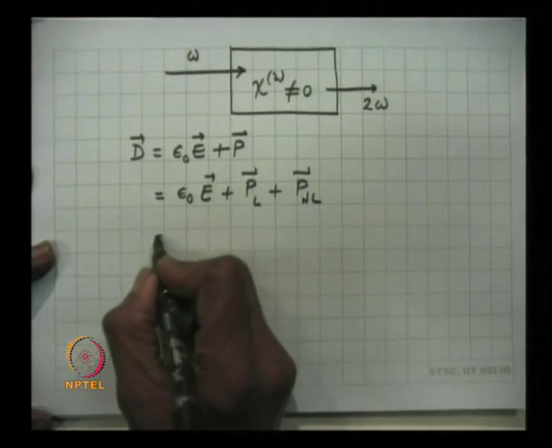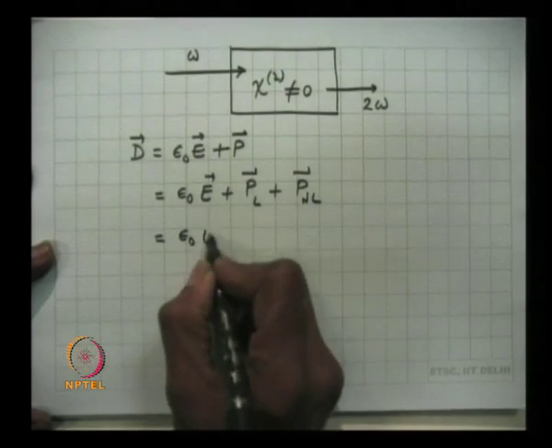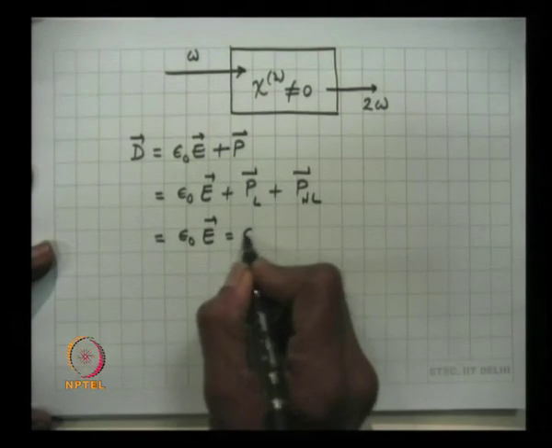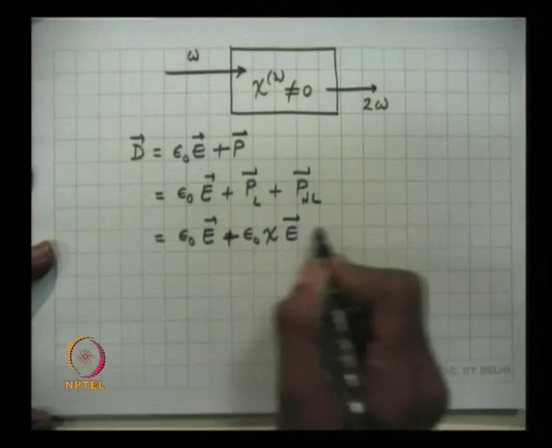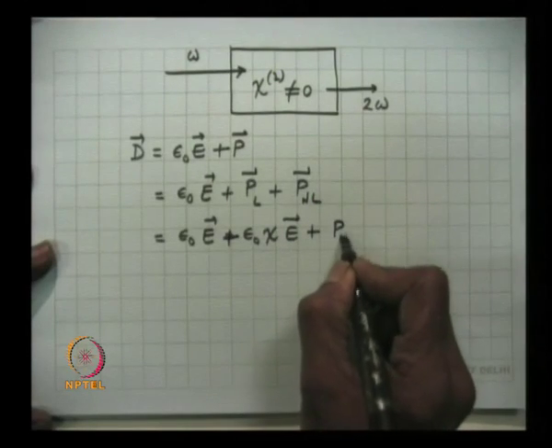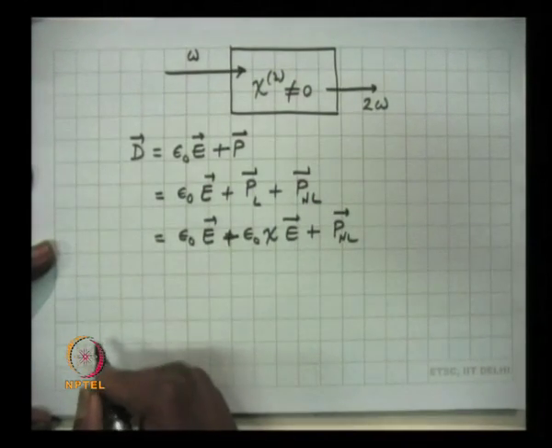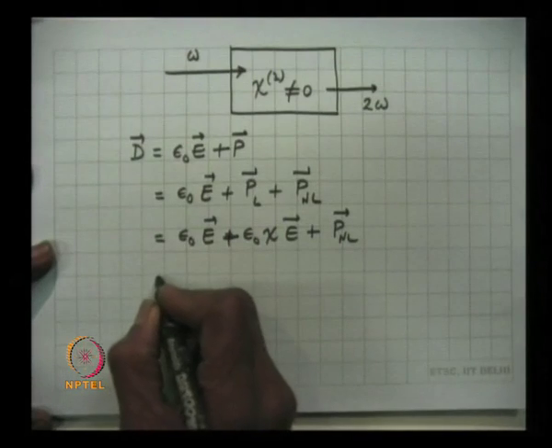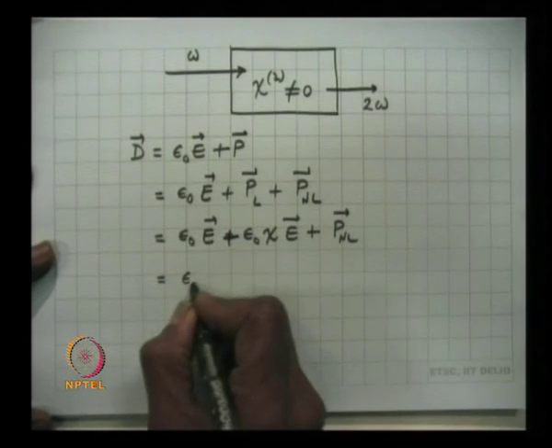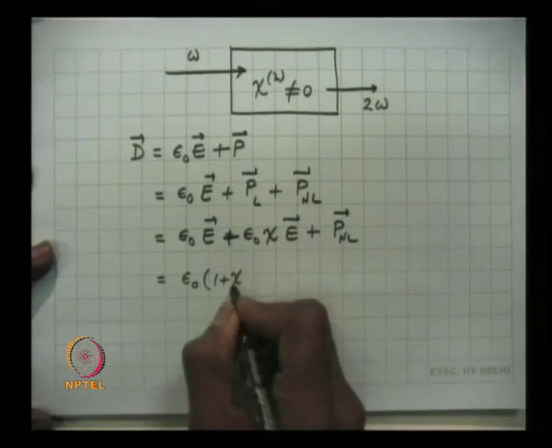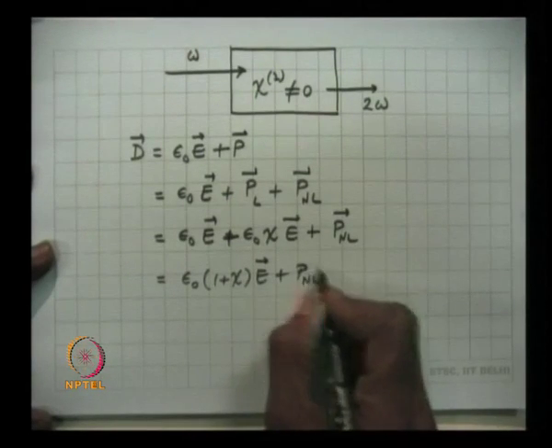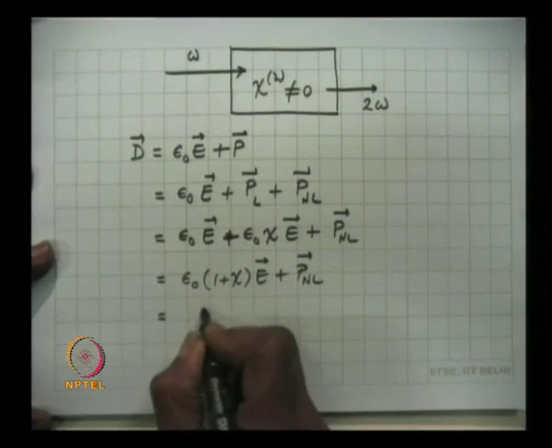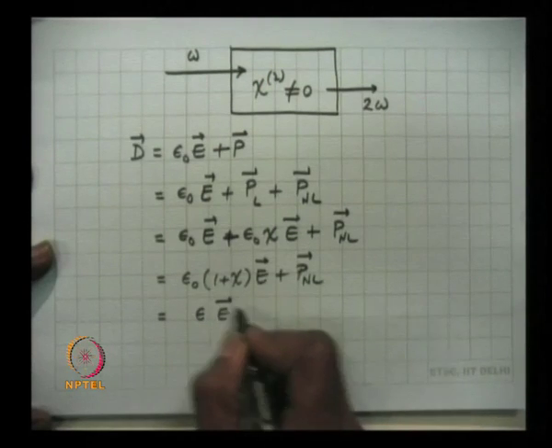P linear is epsilon 0 chi E, so D is epsilon 0 E plus epsilon 0 chi E plus P nonlinear. This is equal to epsilon 0 into (1 plus chi) E plus P nonlinear, and this is nothing but epsilon E plus P nonlinear.